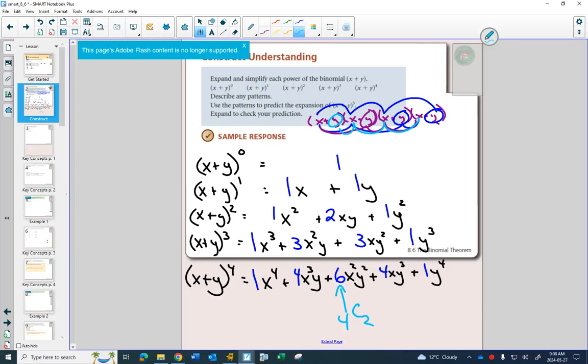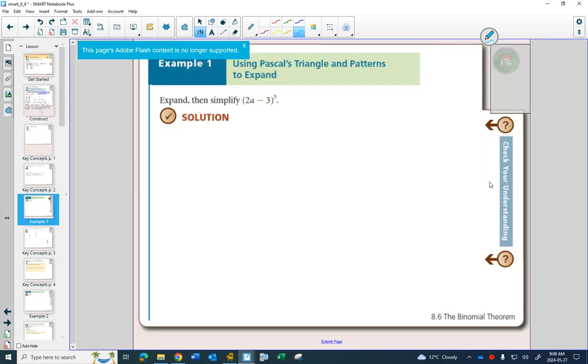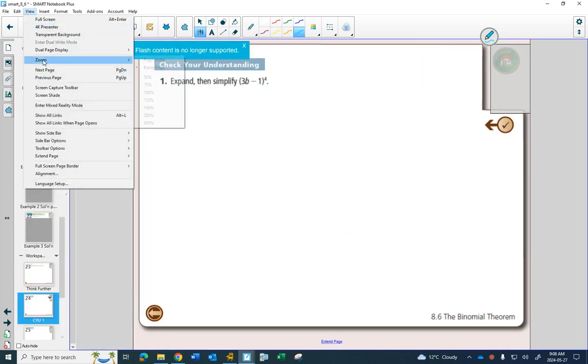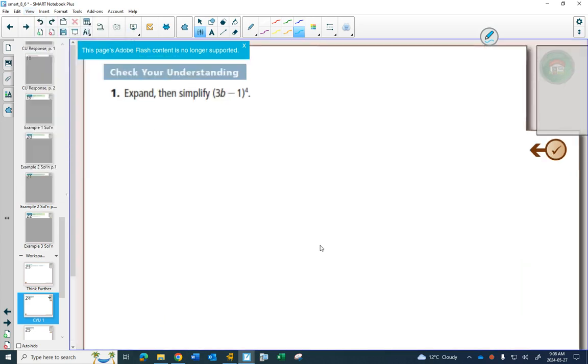And what we're going to have to do is expand a bunch of these. So here is our first example. Expand and simplify 3b minus 1 to the 4. So first of all, I'm going to put a little Pascal's triangle here.